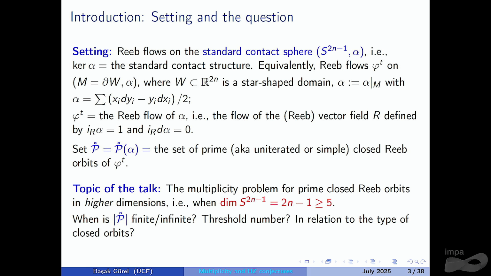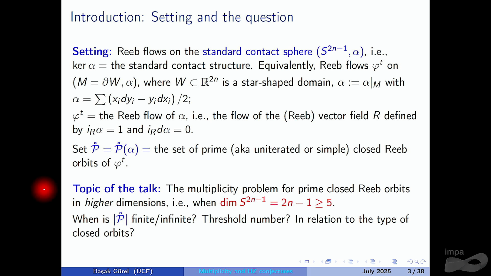The setting of the question is the standard contact sphere, so Reeb flows on the boundary of star-shaped domains in R^{2n}. Here, the notation I'll try to stick to is: P dot will be the set of uniterated simple closed Reeb orbits, so to speak, so prime closed Reeb orbits.